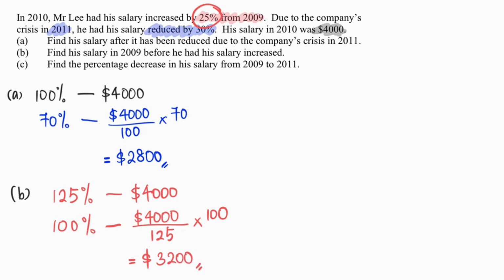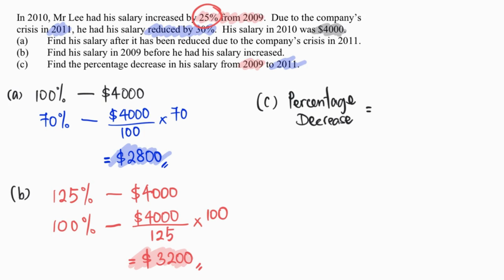Next, for part C, find then the percentage decrease from his salary at 2009 and his salary at 2011. So for part C, the percentage decrease would then be equals to, I must first find the decrease.